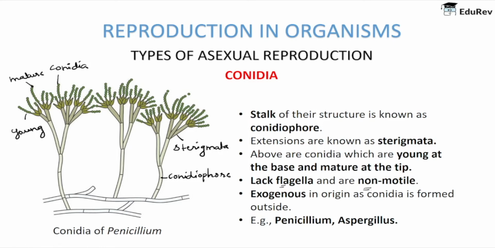Also, these conidia are exogenous in origin, as they are formed outside their structure. Now coming to its example, conidia are generally formed in penicillium and aspergillus. Now these conidia result in formation of new organisms.